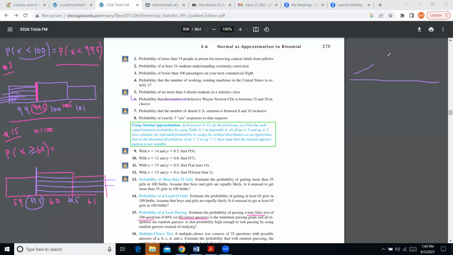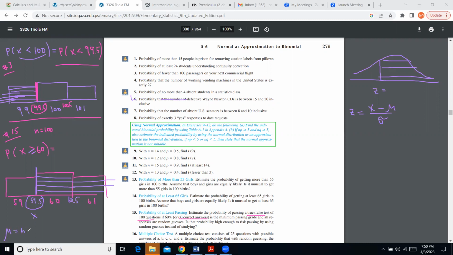Now I need to produce my favorite standard normal distribution, find a z-score, and the area to the right from that z will be exactly the same as the one that corresponds to that value of x. So the z-score formula, which is x minus mean over standard deviation, is going to be used. But here is a pair of formulas that we need to utilize because we don't have the mean.